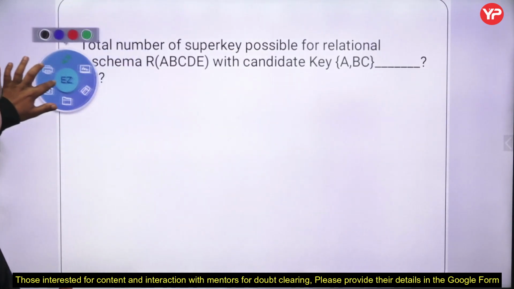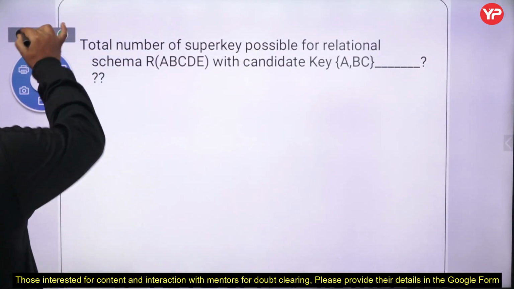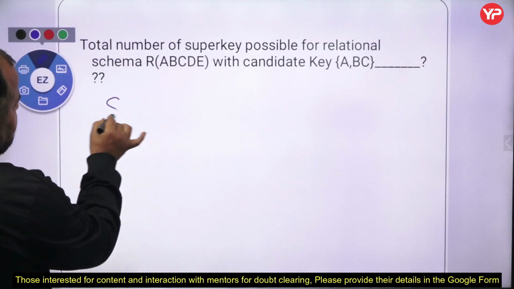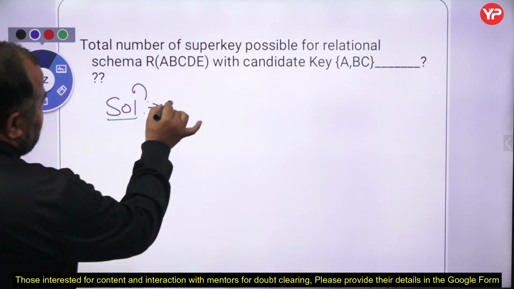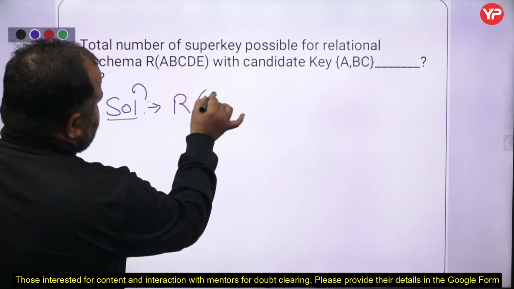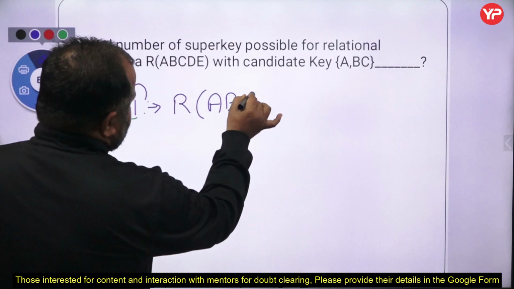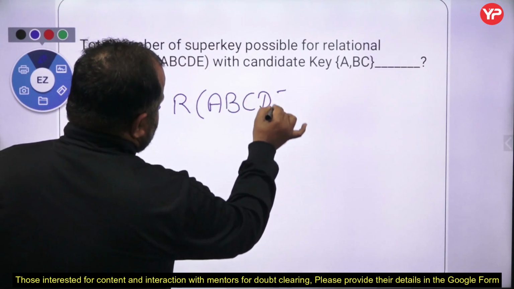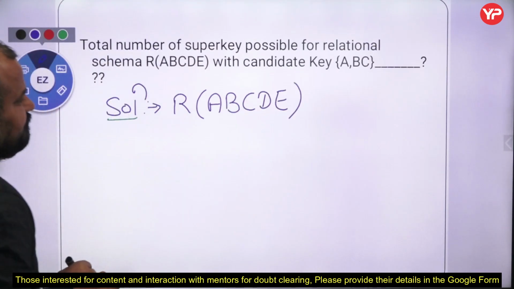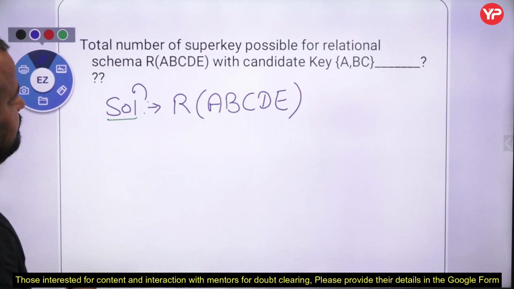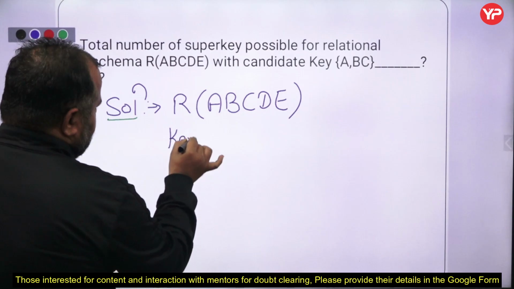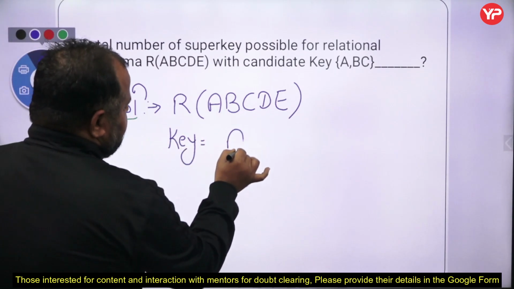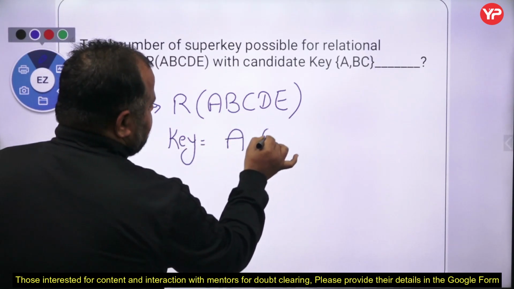So my dear students, if I talk about the total number of super keys, the given point is, we have a relational schema R with A, B, C, D and E. Fine, we have 5 attributes in relational schema R, and the keys are: one key is A and one key is BC.